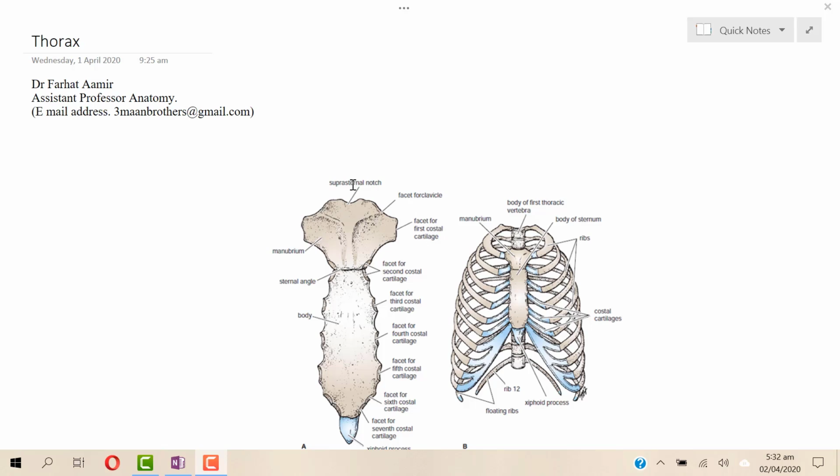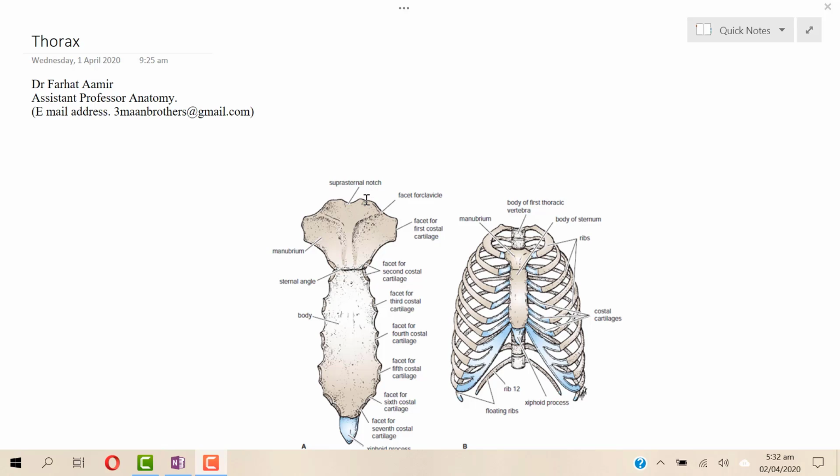If you see the superior or the upper border, there is a notch here. Can you see the notch? This notch is called the suprasternal notch because it is above the sternum. Supra means above. It is also called the jugular notch, or the interclavicular notch.